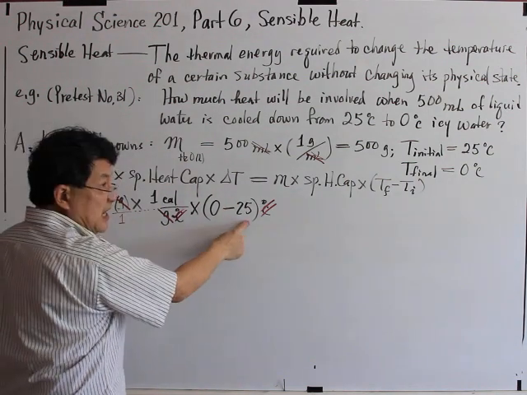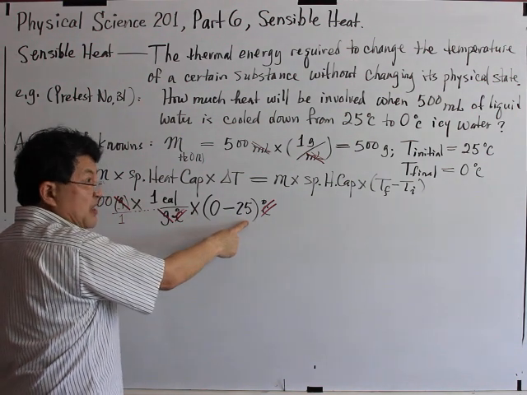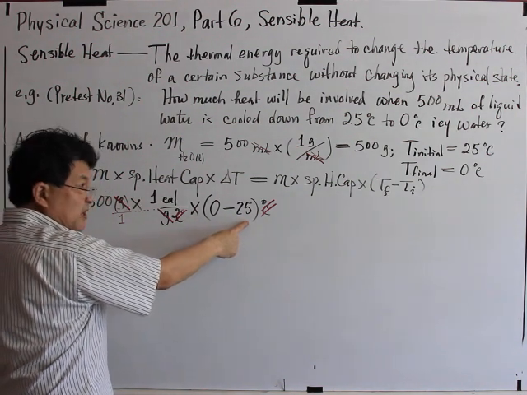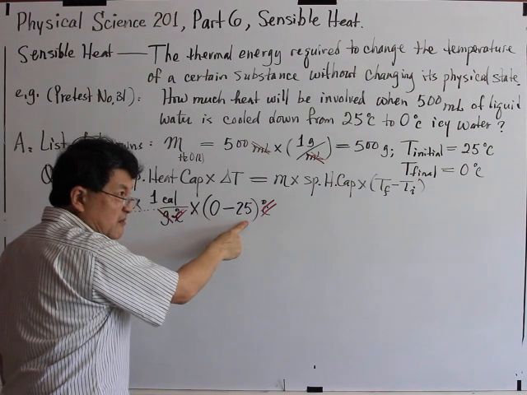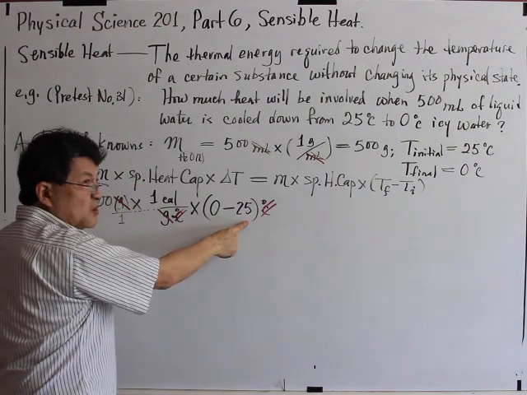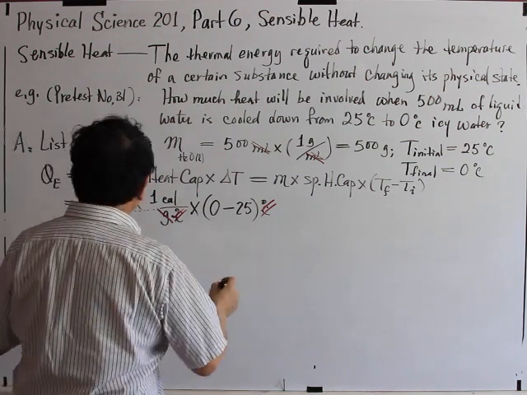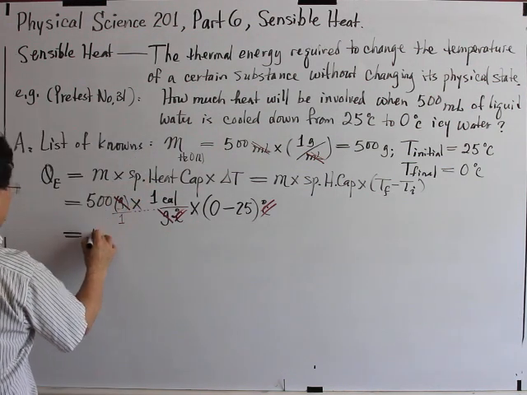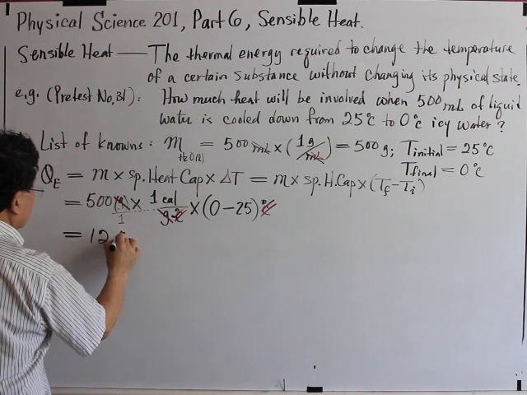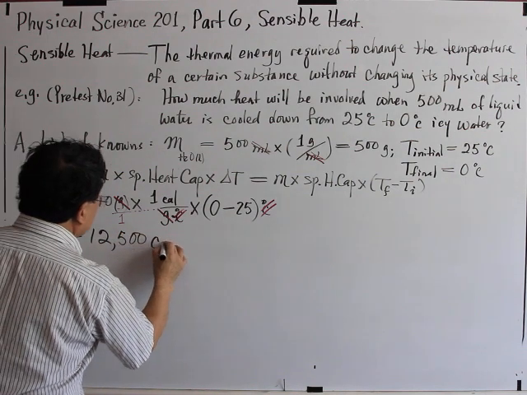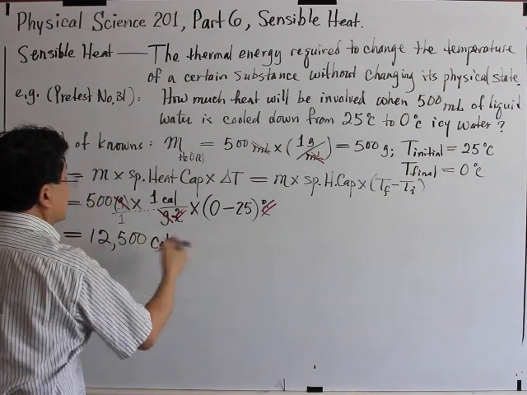Put the 0 behind 25, becomes 25,000, correct? And then half it. So it's going to be 12,500. So the answer should be 12,500 calorie, because everything is cancelled.